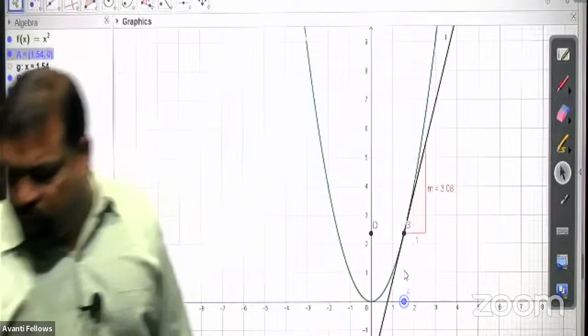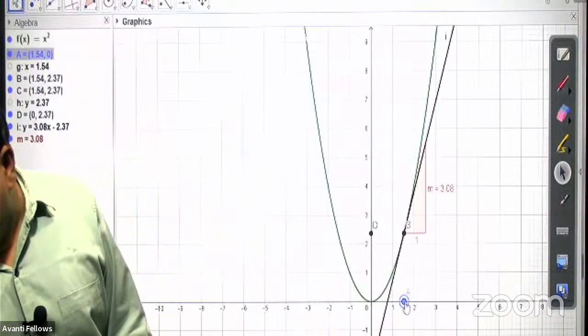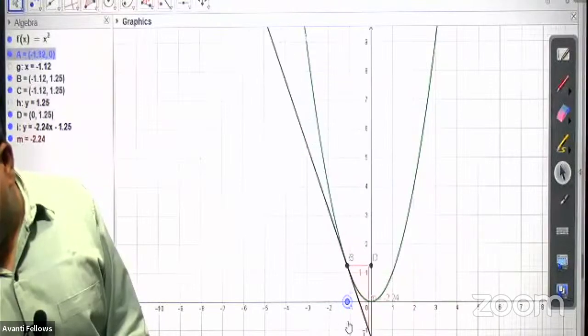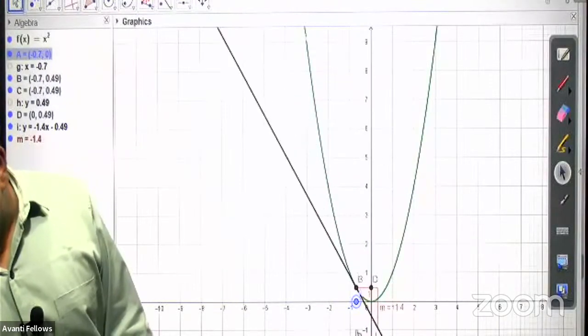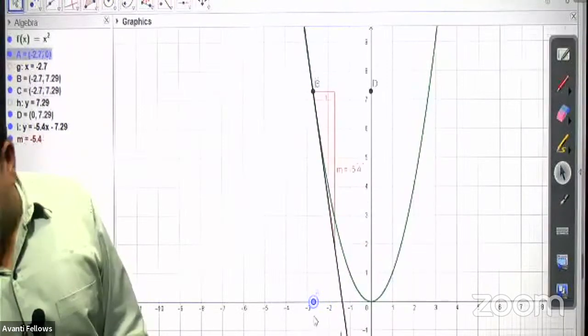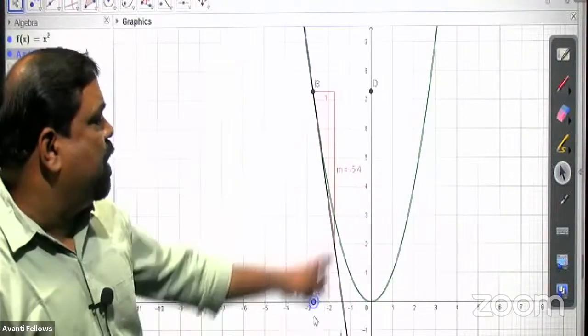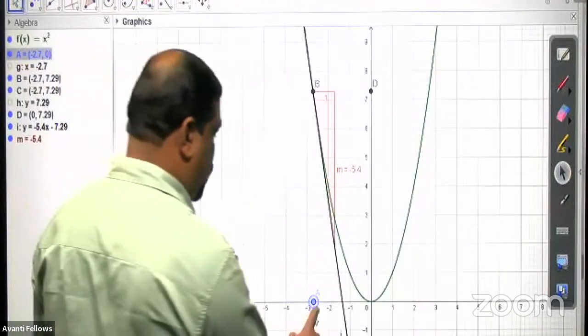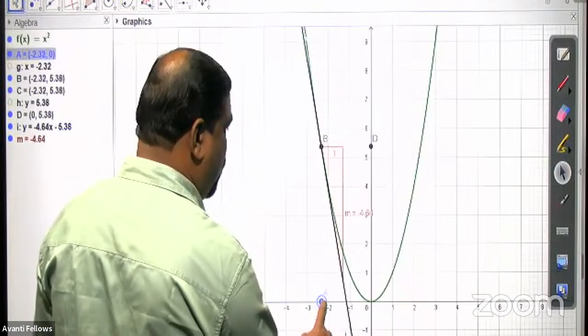Now, if we come to the negative side, minus infinity to 0, in that interval, what about the slope of the tangent? Everywhere you can see the value is negative. Now it is minus 1.54, minus 4.76.